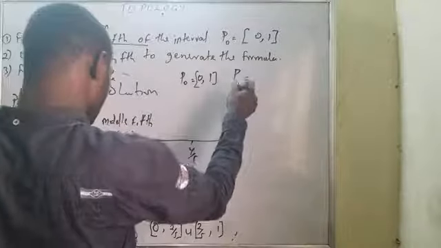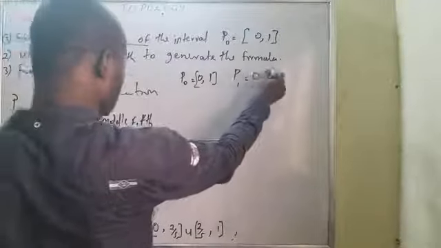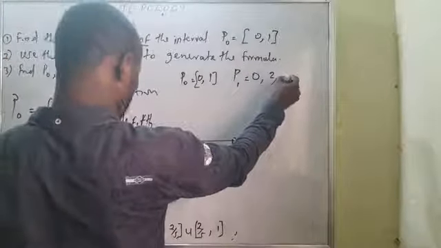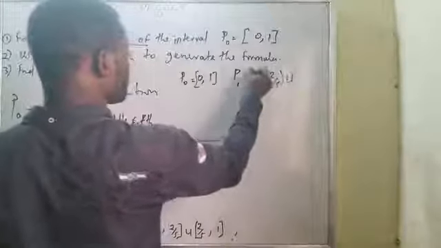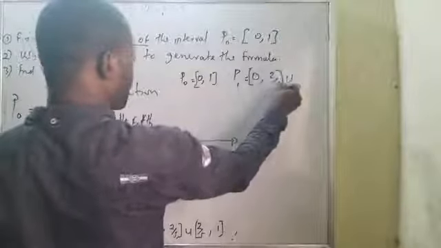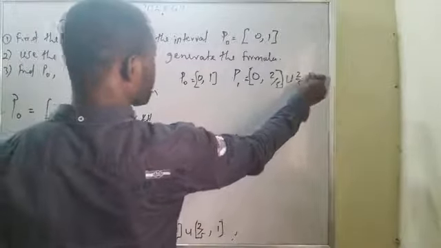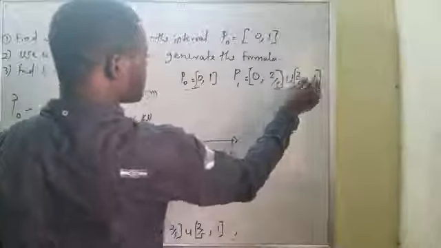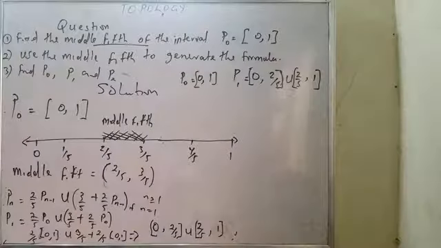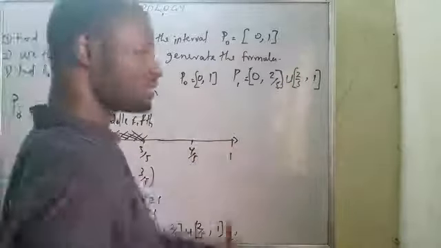My P1 is 0, comma 2 all over 5, union 2 all over 5, comma 1. That is all. By so doing, I will move on to my P3. I think you can do the rest. I don't even have the mind to solve it to this level.